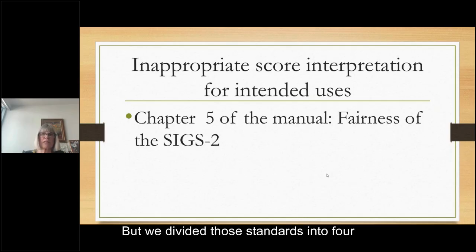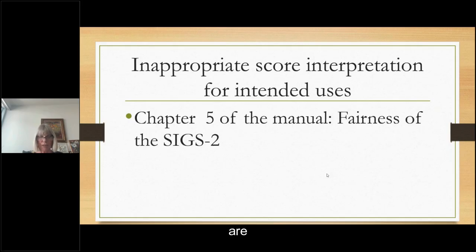But we divided those standards into 4 general areas. And the first 3, we use statistical studies to measure. But the last one is really something that you as a user need to use, and that is inappropriate score interpretation for intended uses. What does that mean? What that means is there are very particular instructions that we give you for using the SIGS-2. I've talked about several of those.